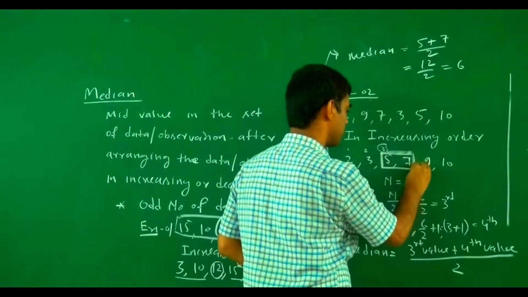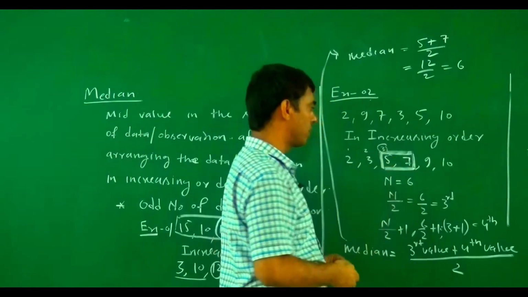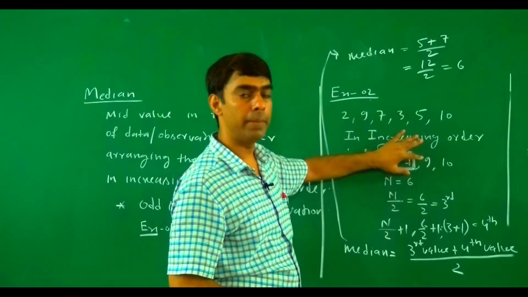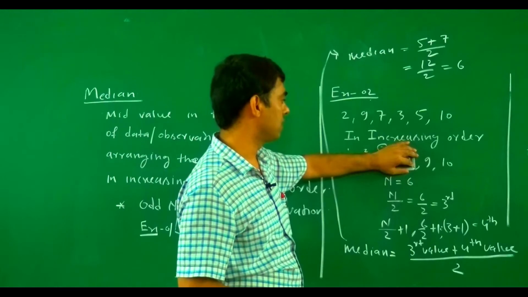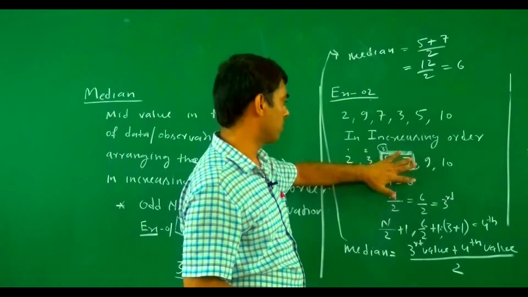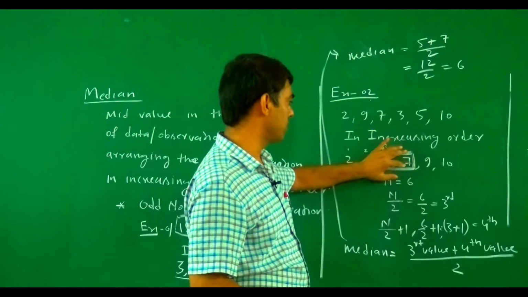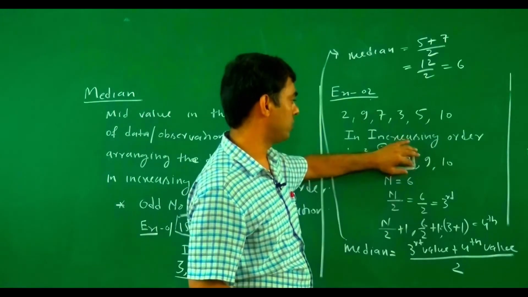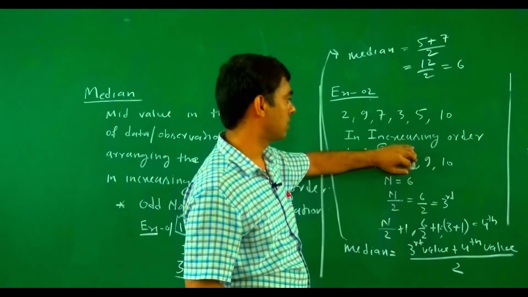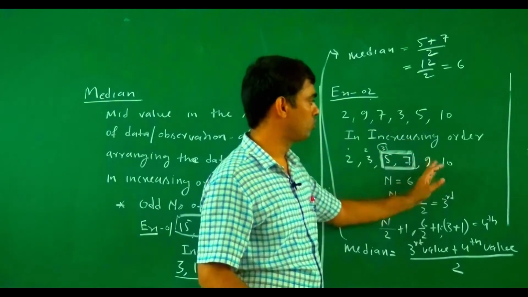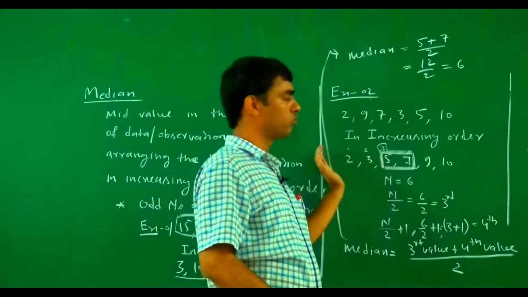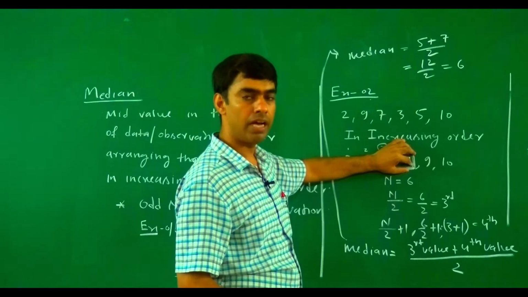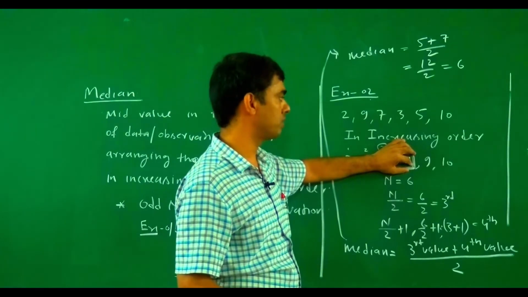Median means position-wise, what is the mid value? Positional mean means an equal number of terms on the left-hand side and on the right-hand side. Here there are 2 terms on the right and 2 terms on the left. This is the positional mean, known as the median.